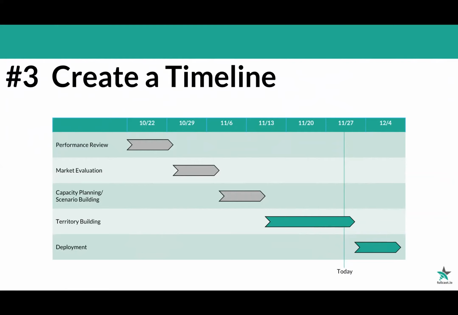So as an example here, in order to get to deployment, we have to do a historical performance review, market evaluation, capacity planning, and then territory building. This could be a small part of your overall sales planning, but it gives all the stakeholders an idea of what's going to get done at what point so that there's accountability across the team. So tip number 3, create a timeline.